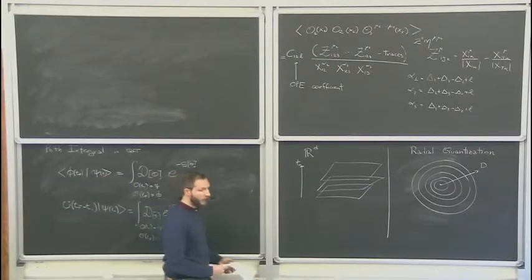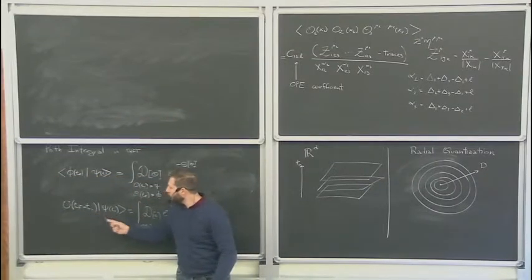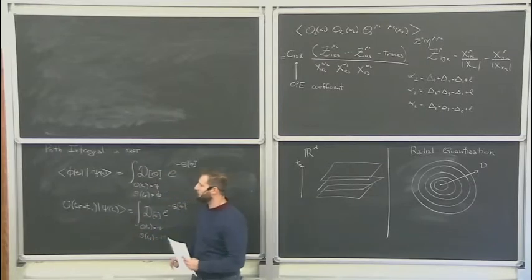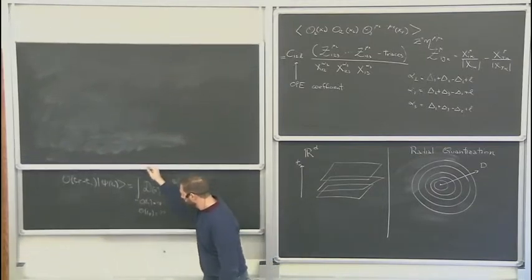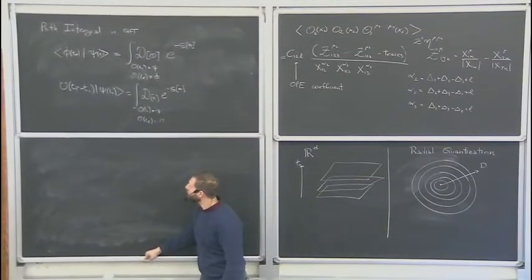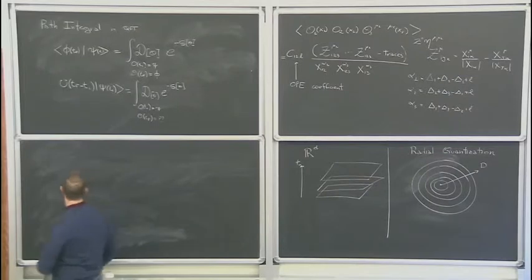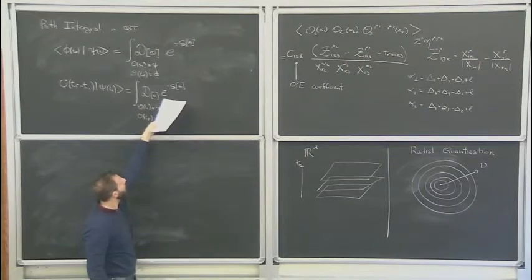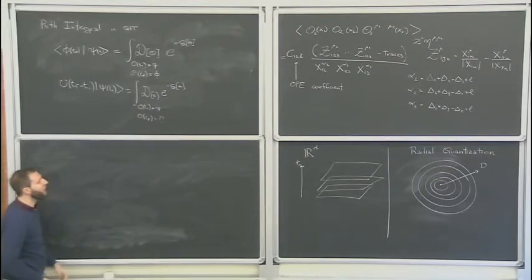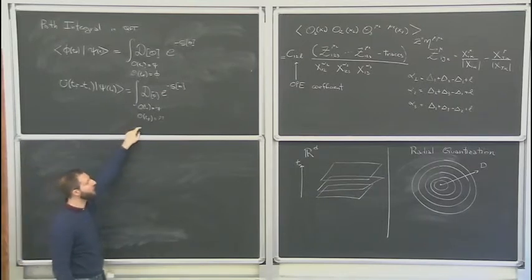And interestingly enough, you can also use this definition to define what is the vacuum state. And the reason is, if you send the initial time to minus infinity, because of this exponential damping, the contribution that matters is the contribution of the vacuum.